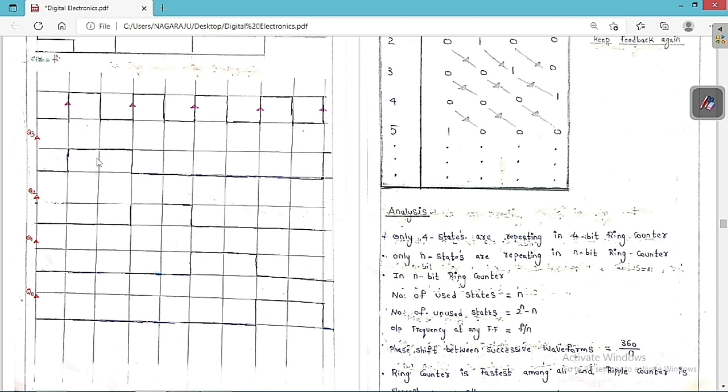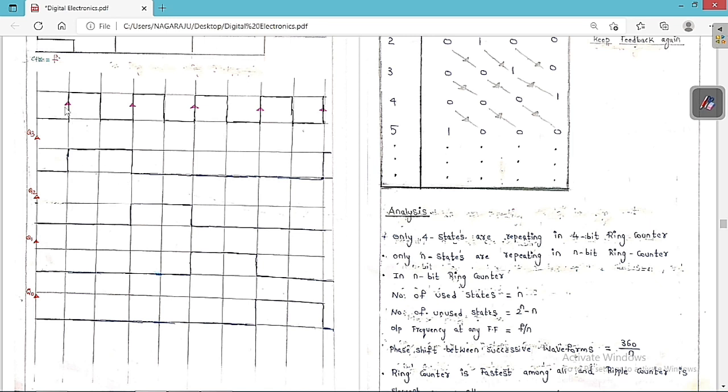Like this. Again you can see clearly, this is the diagram that we are going to get for Q3, Q2, Q1 and Q0. This 1 is going to travel from Q3, then it goes to Q2, then to Q1, and then to Q0. You can see clearly, I opened the feedback and gave the input as 1.